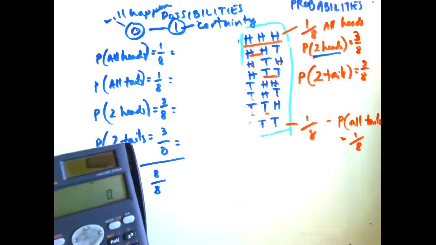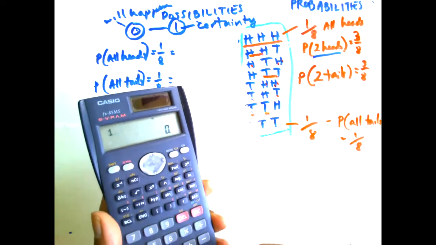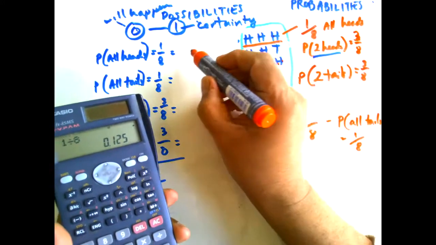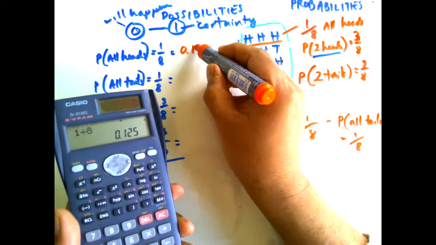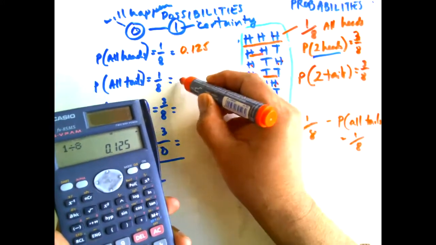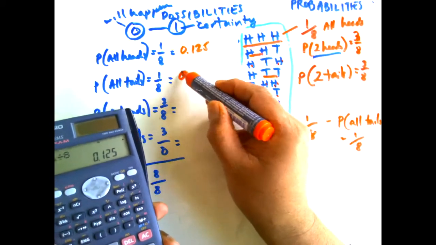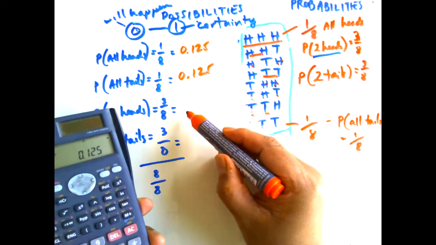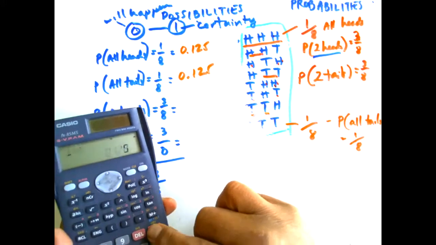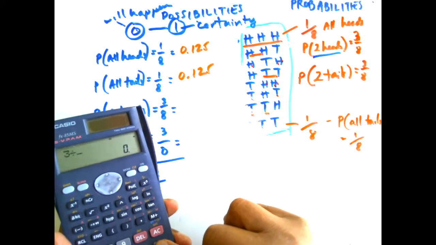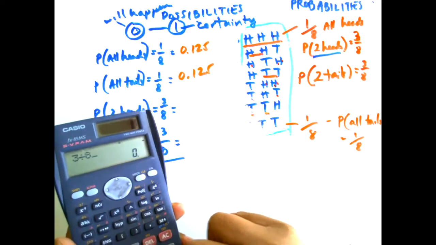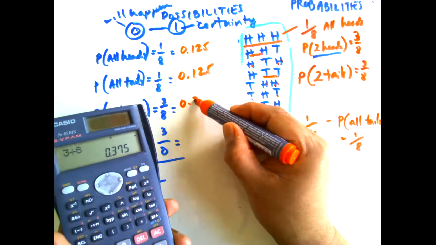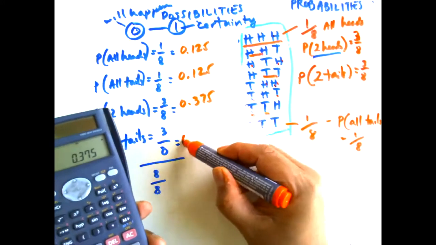So here, 1 divided by 8 is 0.125. And then for the heads, it would be 3 divided by 8, which is equal to 0.375. That's the same in here.